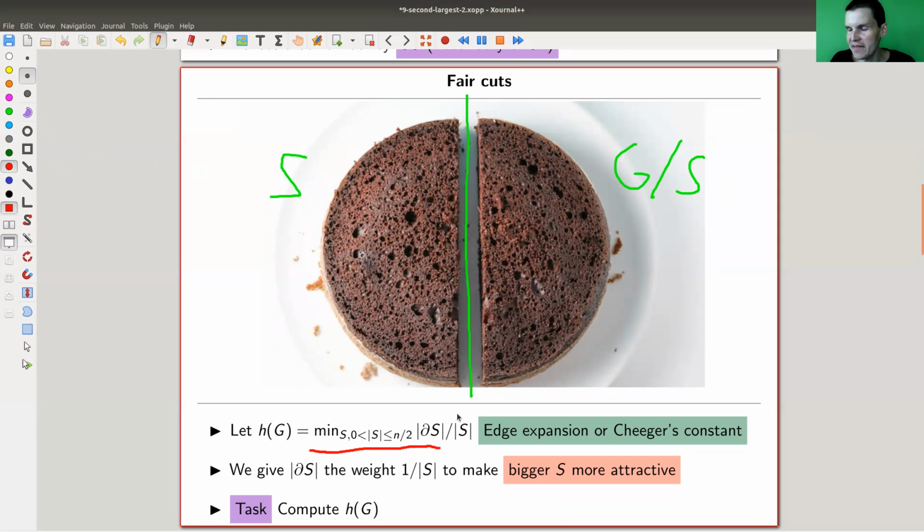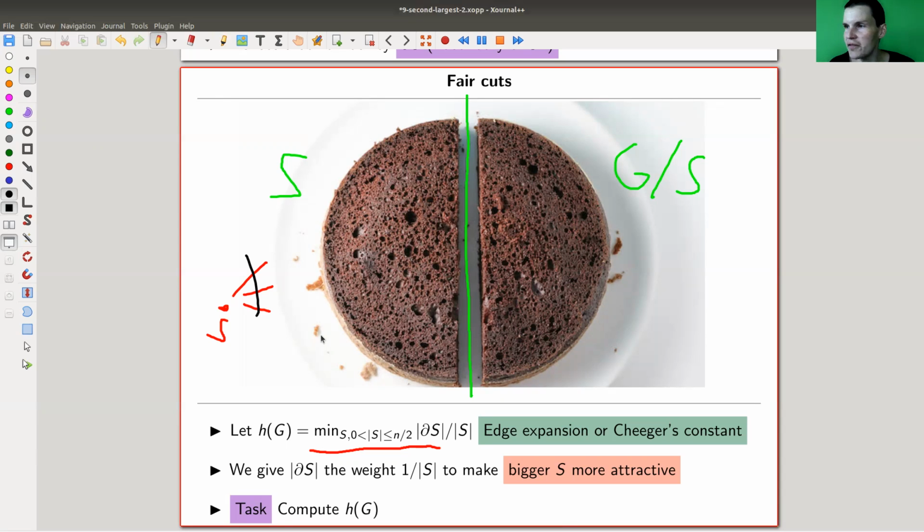So I minimize the number of cuts needed to disconnect S, minimizing over all S. But that's a bit boring, because you could just take one vertex as a set, and then this would be just the degree of that vertex. So without modifying this notion, I would just get the minimal degree.